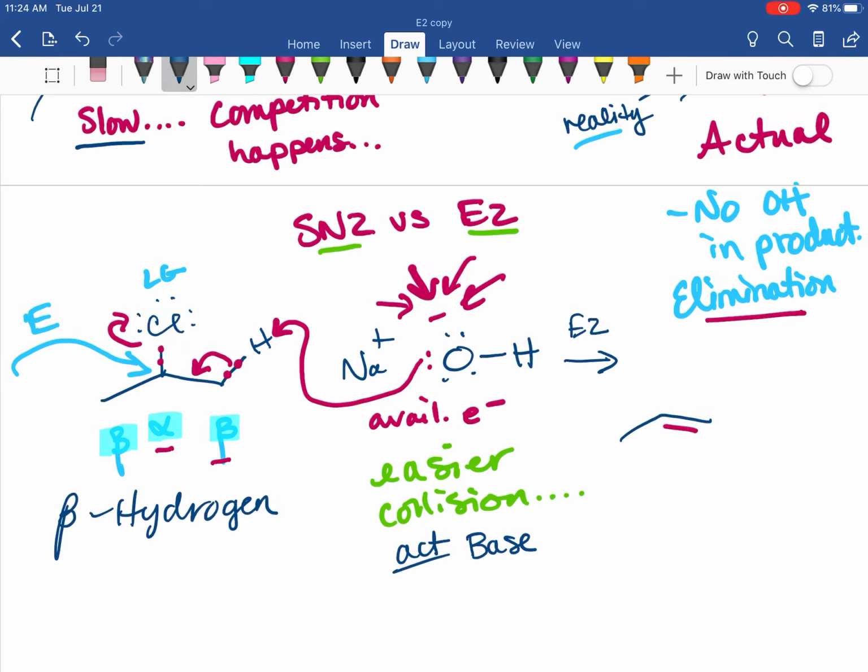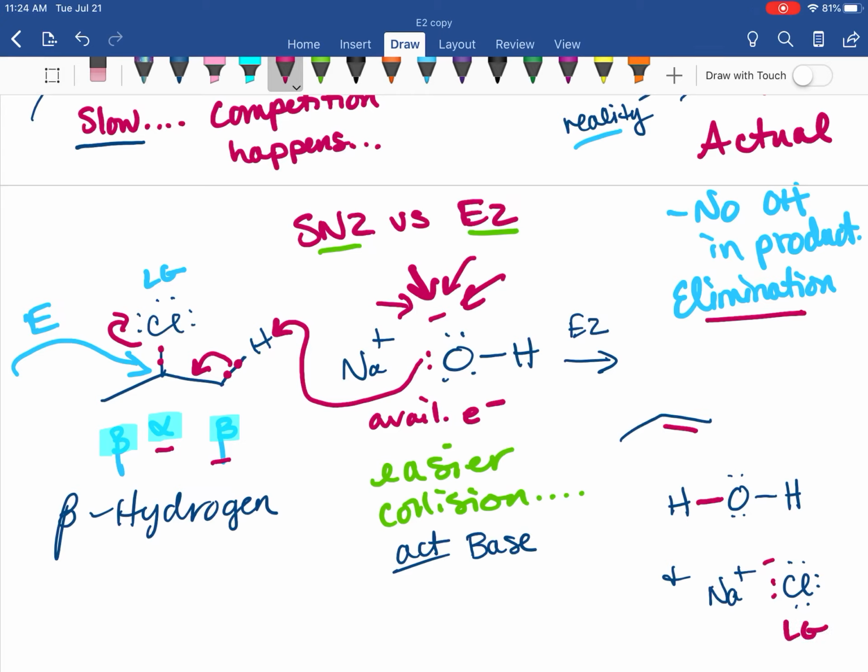Those electrons, when they collapse, what do they form? They form your double bond. That's what makes your pi bond. Okay, then what happened to the OH? Your OH just formed water. And then what happened to your leaving group?